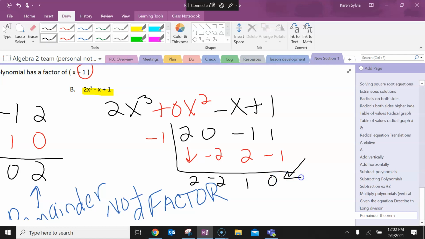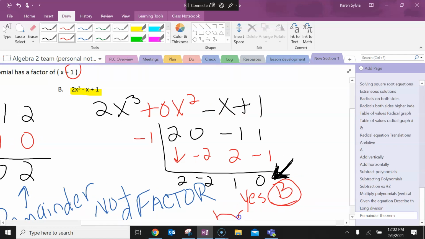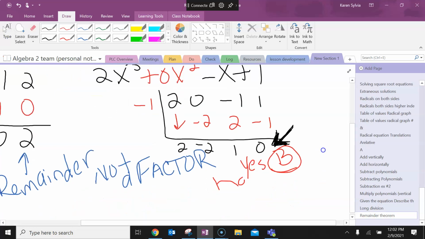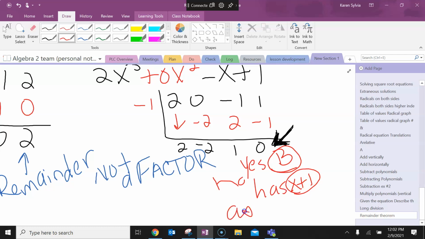Since that is 0, that means there is no remainder, which means that yes, B has x plus 1 as a factor.